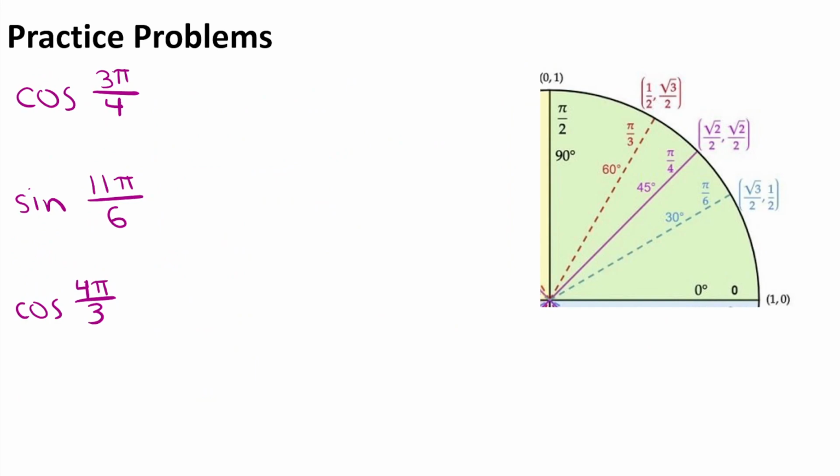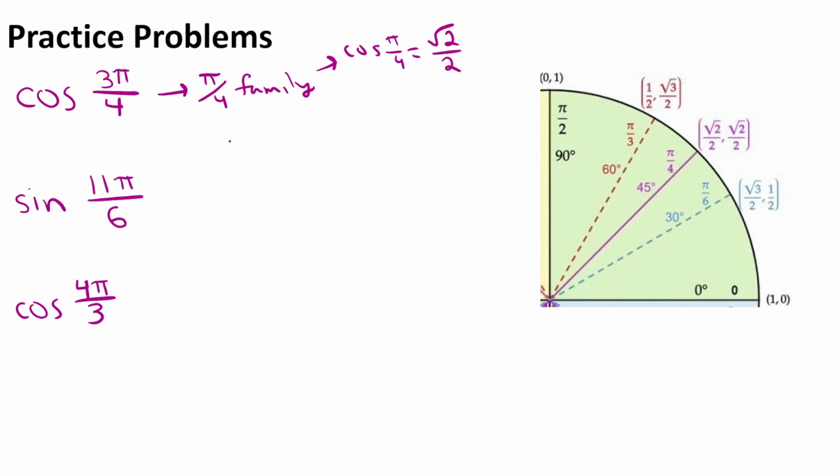Now, let's look at the cosine and sine values outside of the first quadrant. So first, let's look at the cosine of 3 pi over 4. If I have my unit circle on the first quadrant here, I know I'm looking at the pi over 4 family. Because it's in the pi over 4 family, I know that I can assume that cosine of pi over 4 equals root 2 over 2.